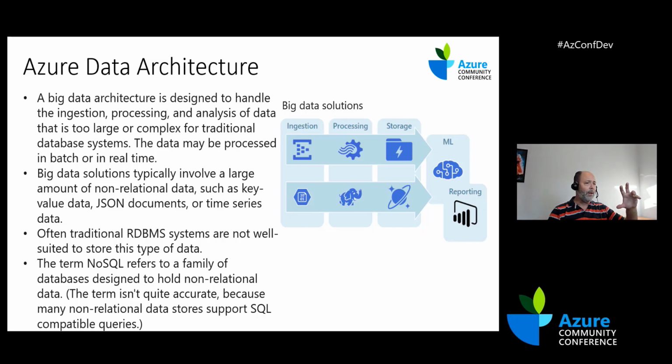So we have the ingestion part, processing, store, enrich, and reporting, right? So these components that we see through the Azure Data Platform will allow us to process any kind of solution that we may have today. Traditional OLTP environments, big data solutions, you name it.